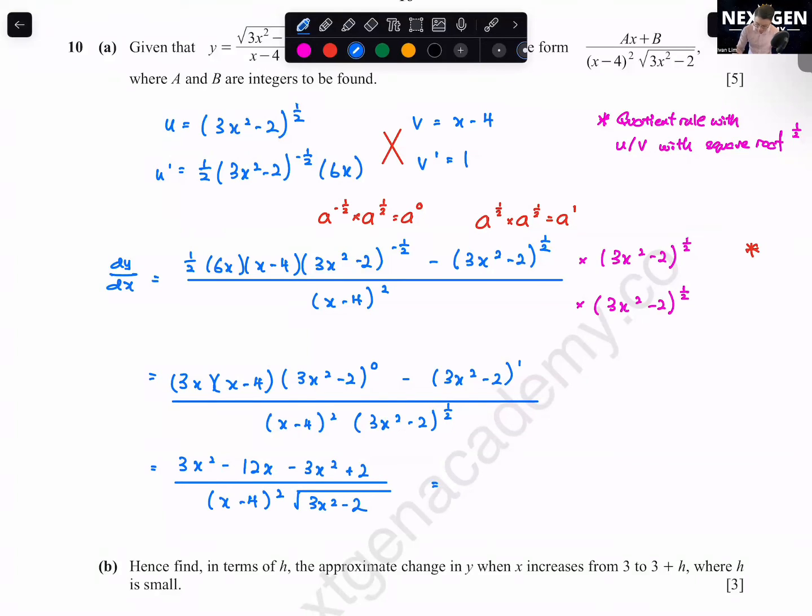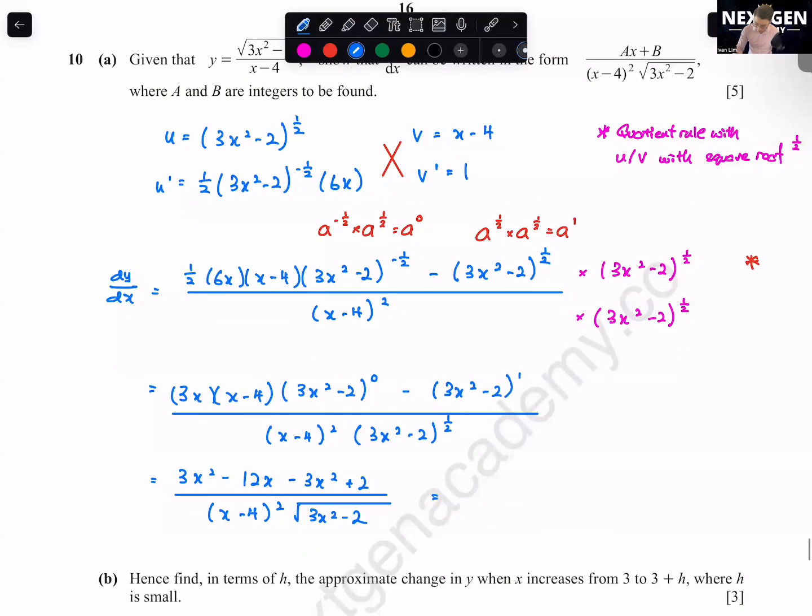Okay, and your final answer will be, okay, 3x squared minus 3x squared will become 0. And they want x first, so minus 12x plus 2 over, okay, what's the form that they want? X minus 4 square root 3x squared minus 2. Okay, my A is equals to negative 12, my B is equals to 2.